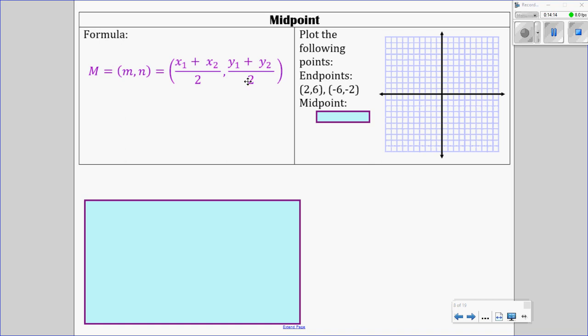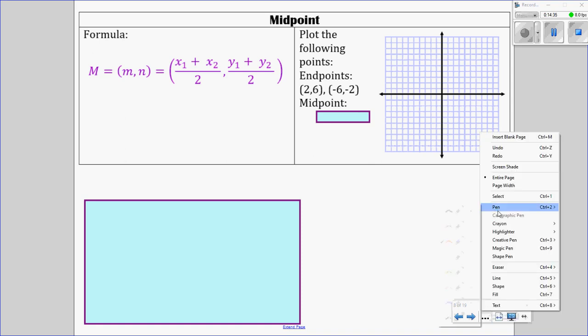Remember when we did 1 dimension, where we just had 2 points, we add them and we divide? In this case, we're looking for the midpoint for the horizontal part and then the vertical part. So for this one, let's plot our points.